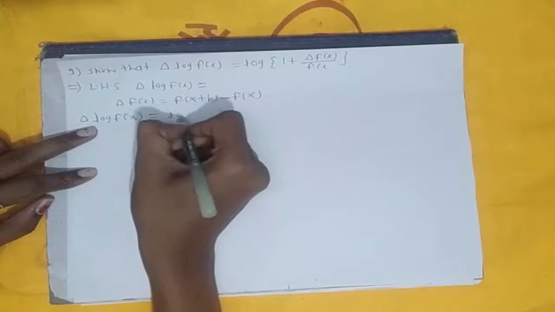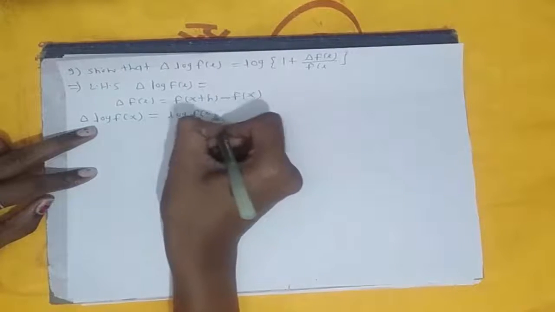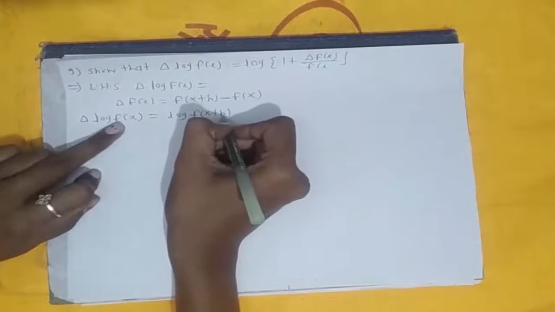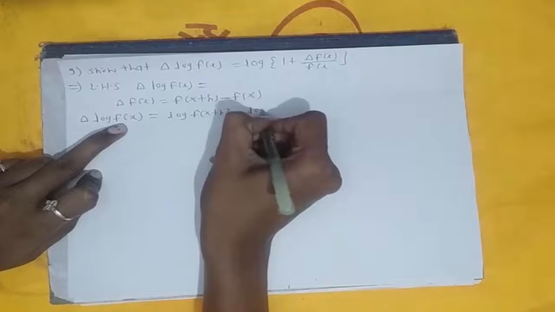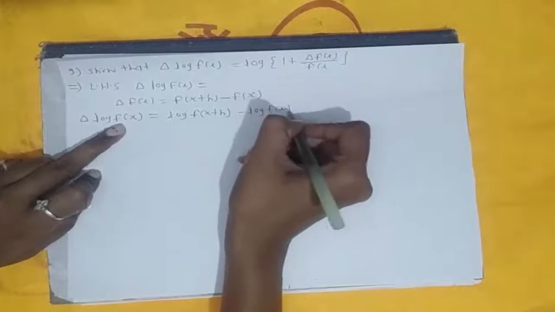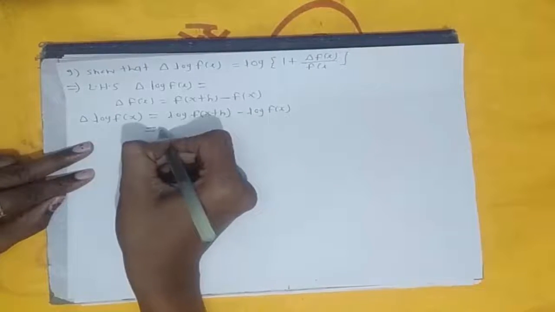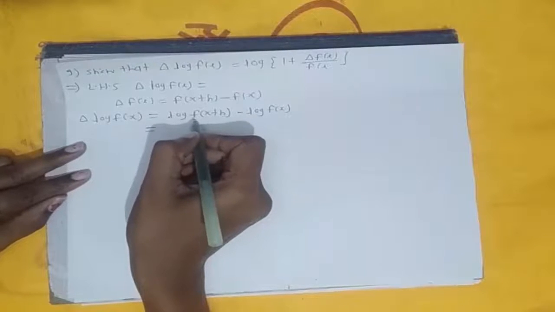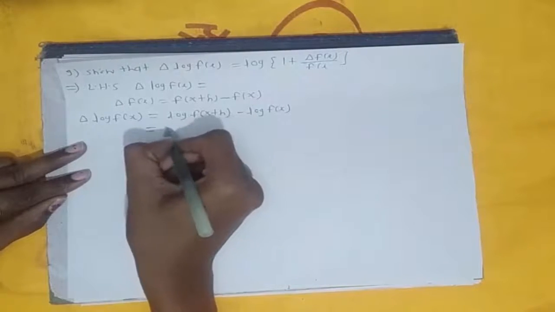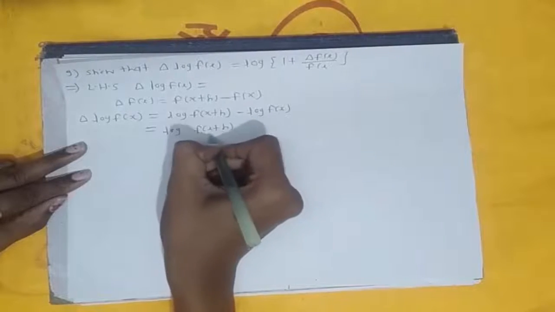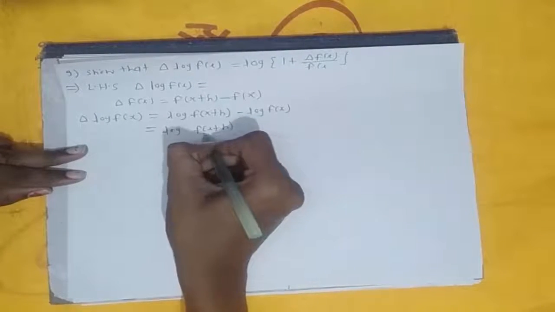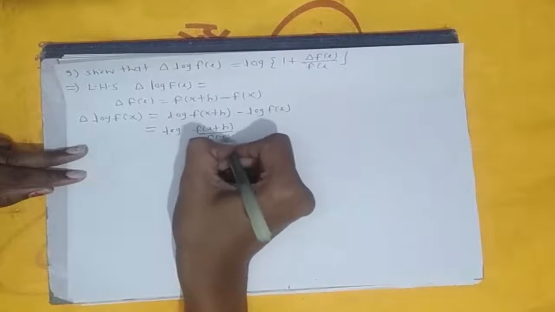So we get the difference of log of f of x plus h. At the x plus h point, the value of this will be log of f of x plus h minus log of f of x. Okay. Then by using the laws of log, we can write this as log of f of x plus h divided by f of x.